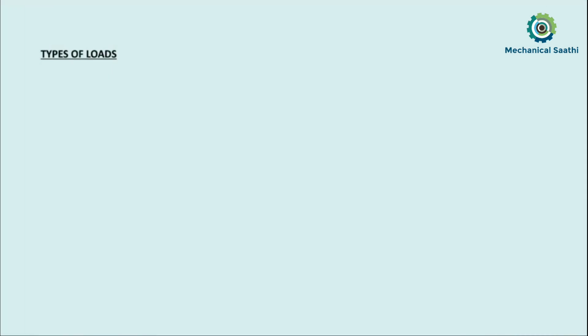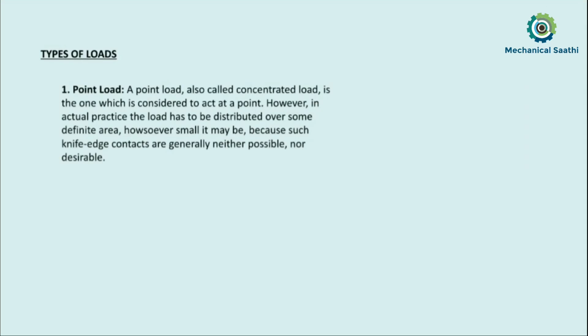As I just told you, there are point loads and distributed loads. The first load type is the point load. In case of a point load, as the name suggests, our load is applied at a single point. It is assumed to be applied at a single point, and that can be called a concentrated load also.